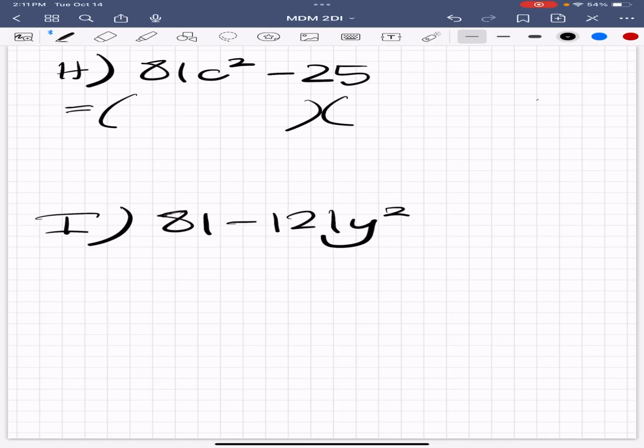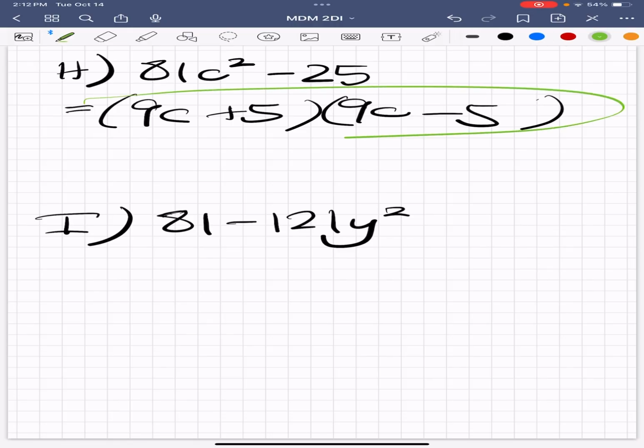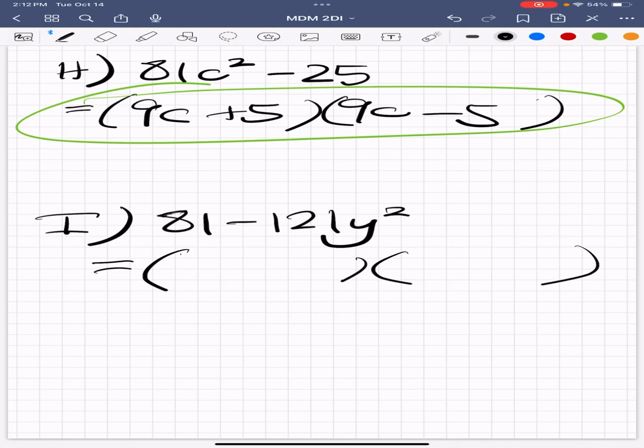We have our brackets ready. So (9c plus 5) and (9c minus 5). And that is our answer. And then we're moving on. We get our brackets ready: 9 plus 11y and 9 minus 11y.